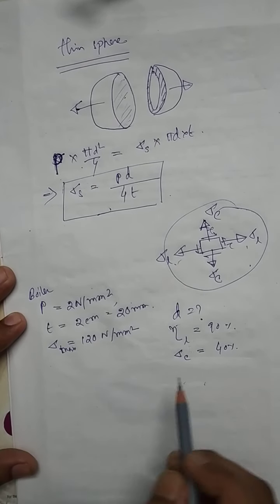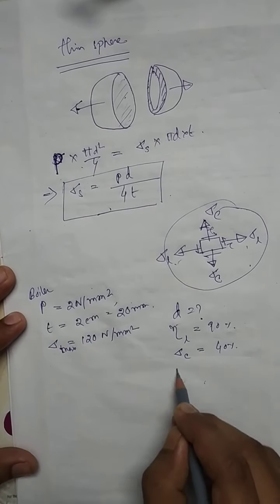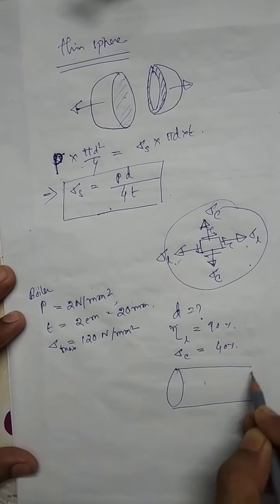It is mentioned circumferential joint and longitudinal joint, so it should be a cylindrical one.